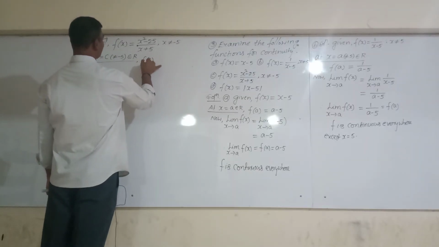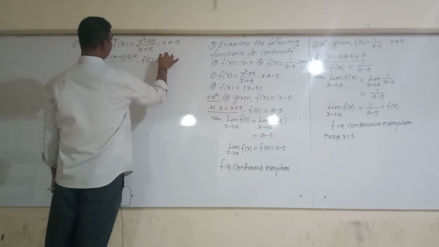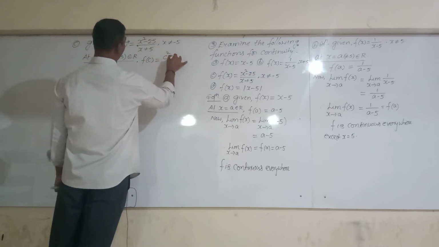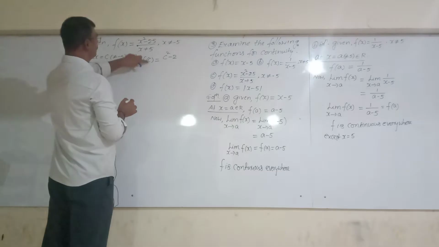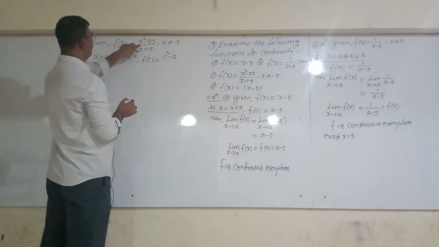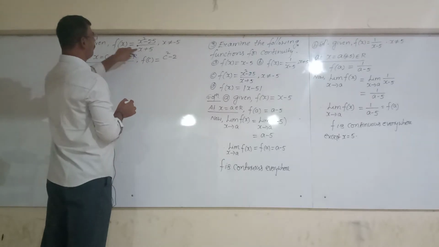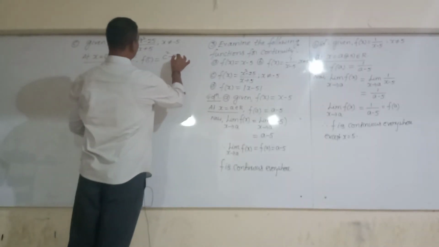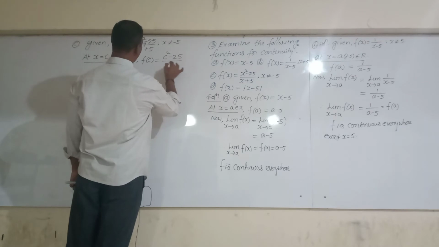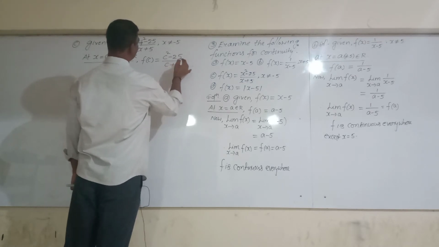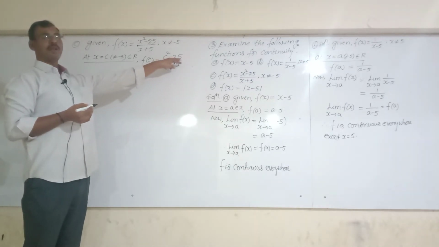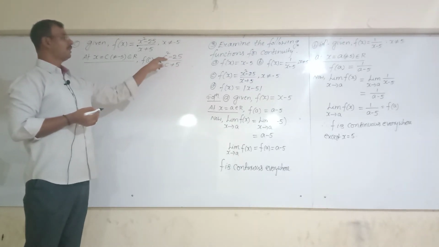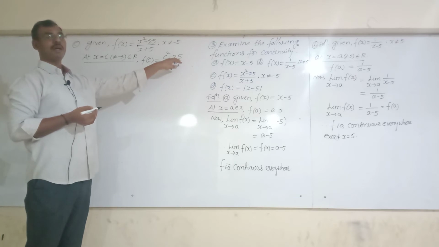f of c is equal to c square minus 25 upon c plus 5, replacing x by c everywhere in the function. You know very well there is a formula a square minus b square. 25 I can write as 5 square.